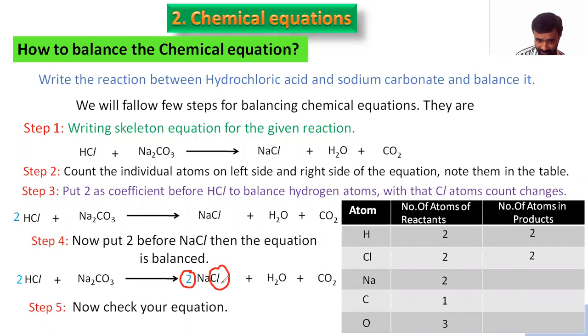Then check its subscript, then take the product of the coefficient and the subscript. So 2 into 1, 2. Like this, I'm getting it here. Then sodium count 2, from the coefficient. Then carbon count 1, no change. Oxygen count 1 plus 2, no change. So like this, we can balance the chemical equation stepwise.